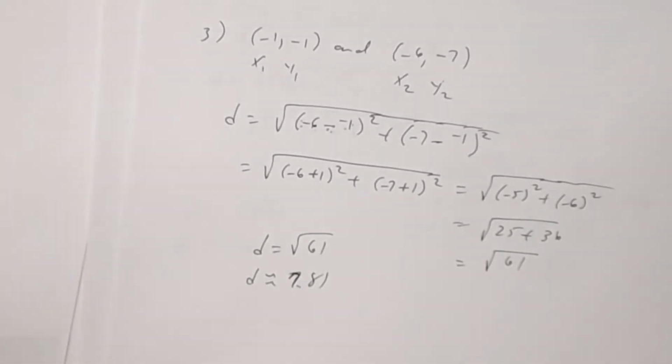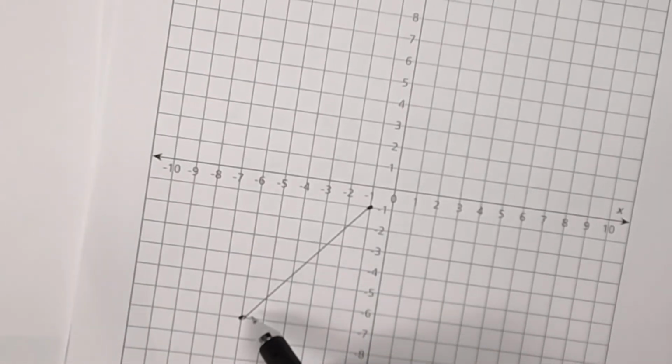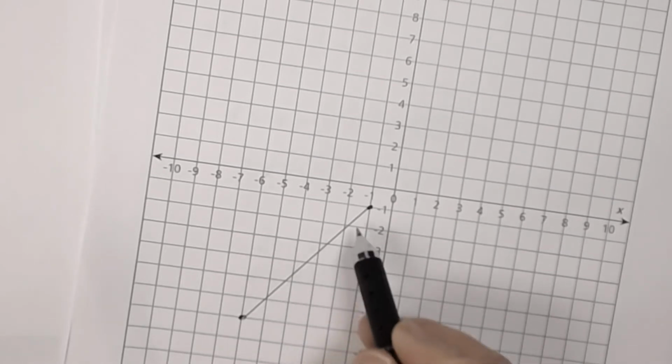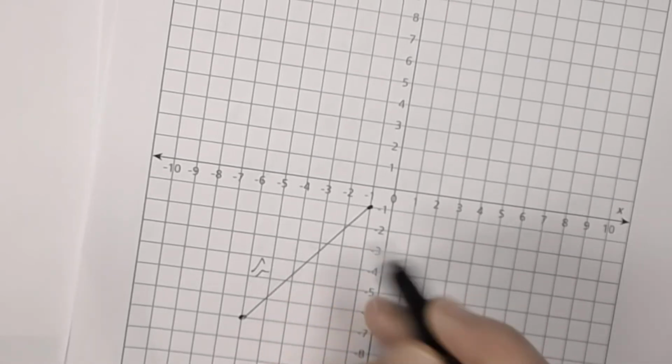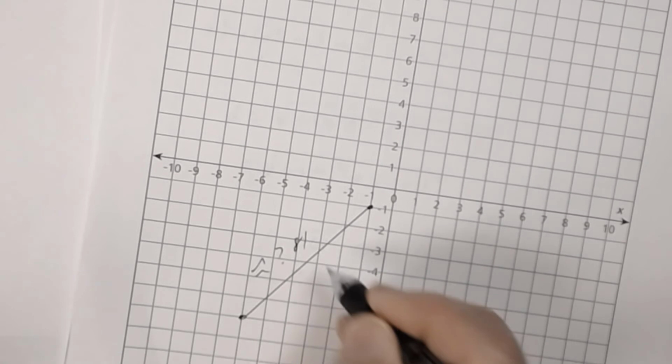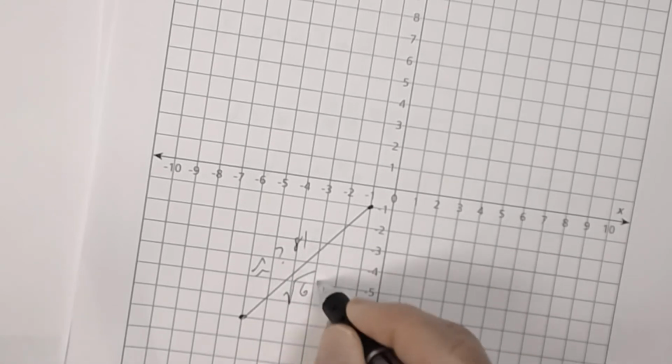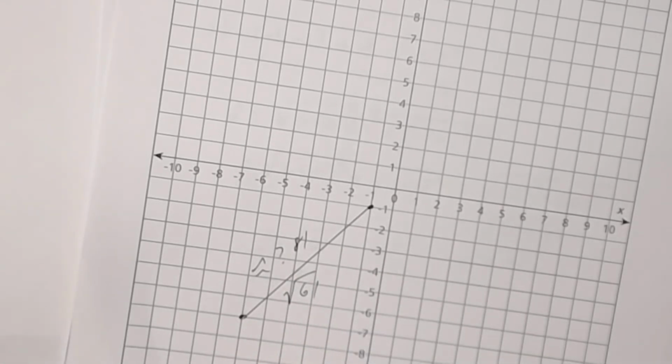So basically what you found is that the length, the distance between this point and that point is approximately equal to 7.81, and it's exactly equal to the square root of 61. That's what you found, okay?